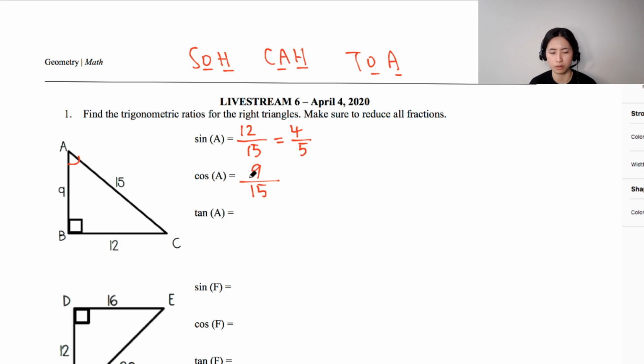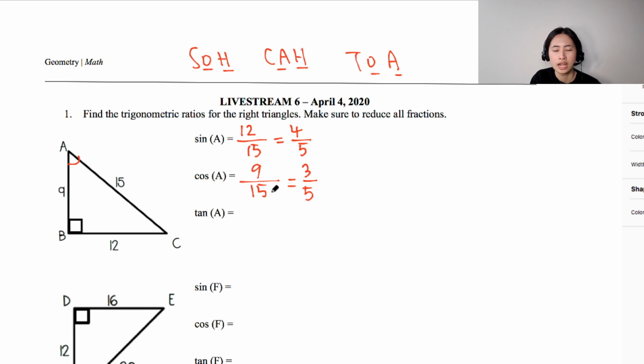The hypotenuse of a right triangle is always opposite the 90-degree angle, or the right angle. So you're not going to confuse the 15 with your other sides. Does that make sense? Because your hypotenuse in this triangle is always going to be the side opposite your right angle, and in that case that would be side AC. So that's your hypotenuse. Okay, so simplifying this, you would divide by 3, so you would get 3, and this is 5.